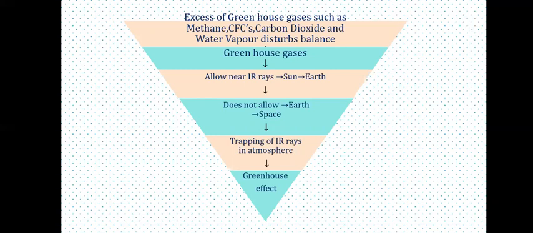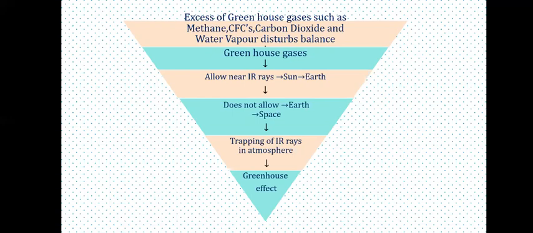But at the same time, it does not allow those absorbed IR radiations to go back into space. So in other words, they are responsible for trapping these IR radiations. And as I already mentioned, they are related to energy and they are related to temperature. So as a result, the Earth's temperature increases and the balance which I was talking about gets disturbed.